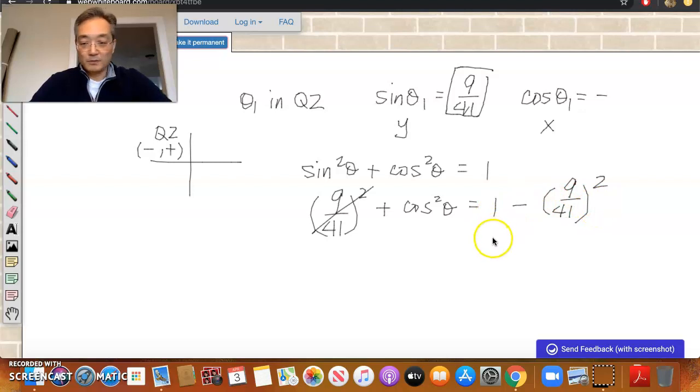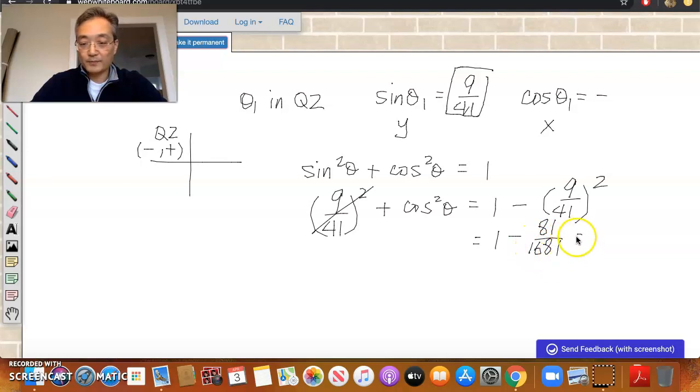So 9 squared, of course, is 81, correct? And 41 squared is equal to 1,681. So this is going to be equal to 1 minus 81 over 1,681, correct?